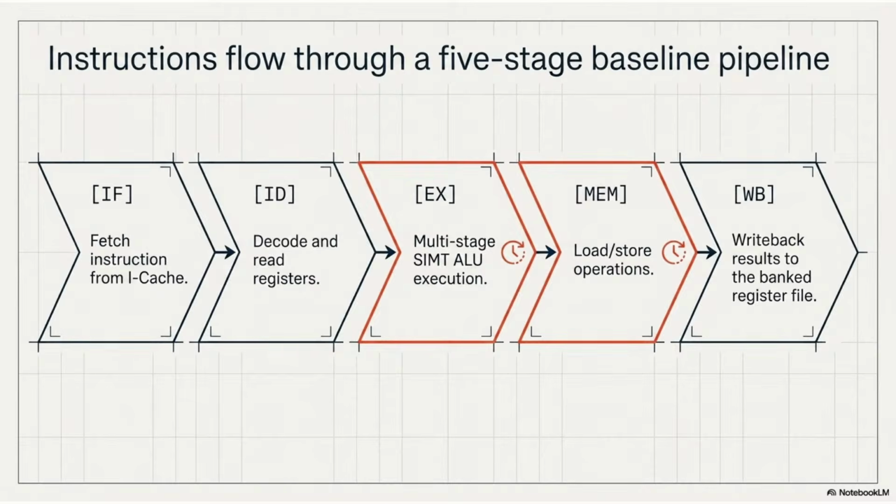So this will be just the instruction flow. Just the base one. In this one, the execute unit is a multi-stage SIMT unit with register file differences and all this stuff. The bank register file will be communicating with different lanes.